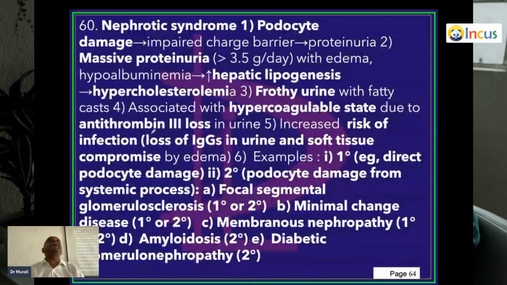Then what is the nephrotic syndrome story? Simple. There is Bowman's capsule, then in the glomerulus, in the Bowman's capsule you have visceral epithelial cells and parietal epithelial cells, two lining the capsule. The visceral epithelial cells have podocytes, foot processes.